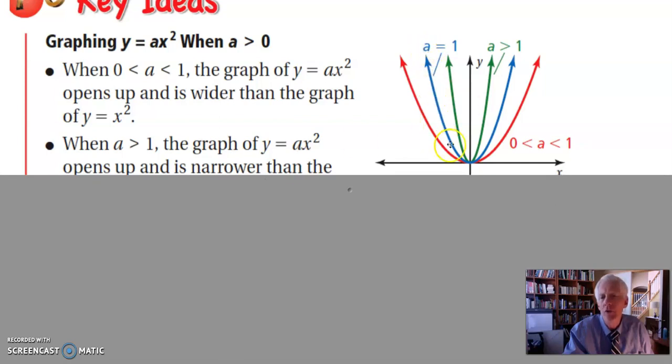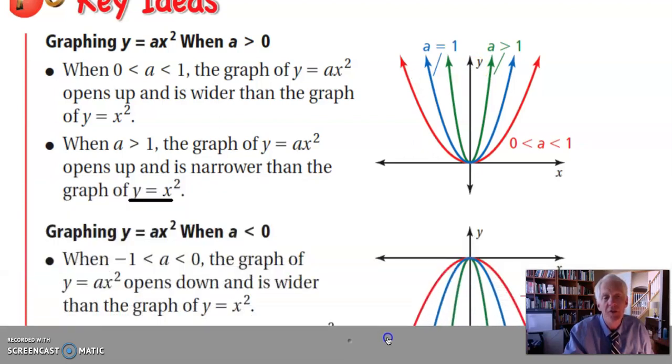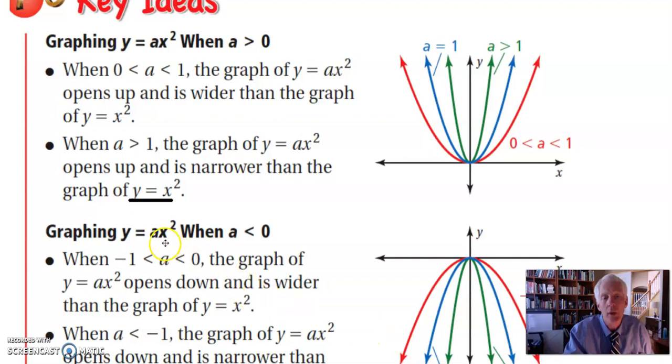We always use that parent function. The blue line here is when a equals 1. We'll graph that in a second. We're going to see what happens when a is less than 1 and when a is greater than 1. How does that affect the parabola? And then the second part of today is what we're going to do when a, the coefficient of x squared, is less than 0.